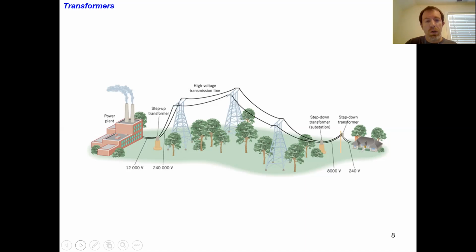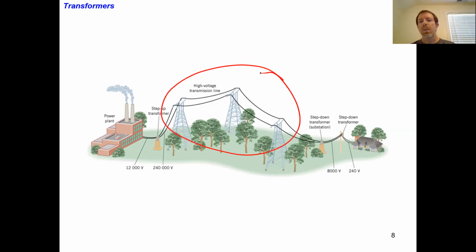Basically, the higher voltage we have in our transmission lines, the less power loss we have. Of course, it's also more dangerous, but that's why we see all this high elevation when we're looking at these high voltage transmission lines. So the higher the voltage is, the less the power loss occurs.